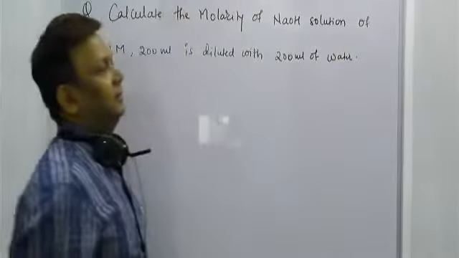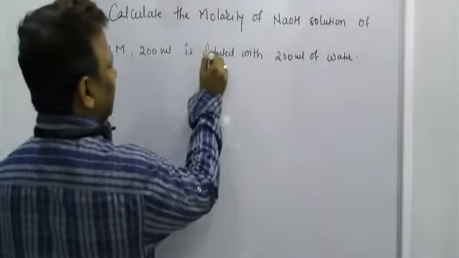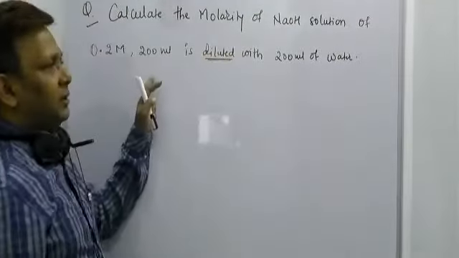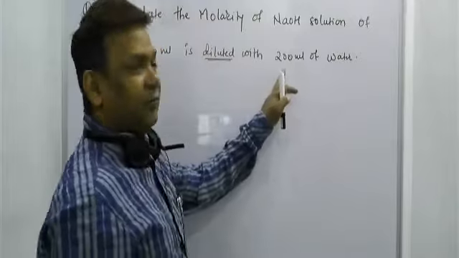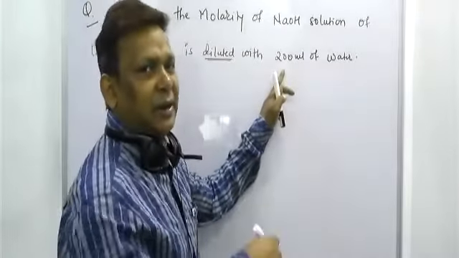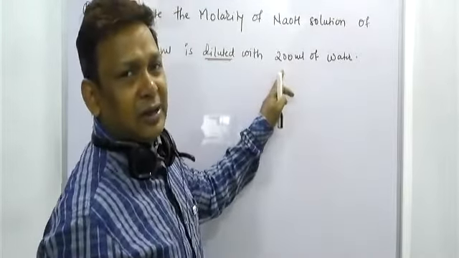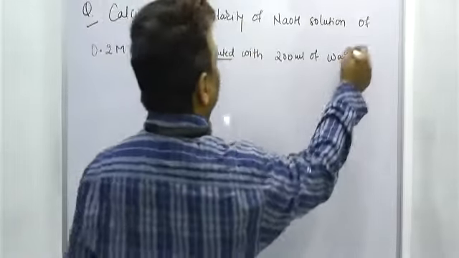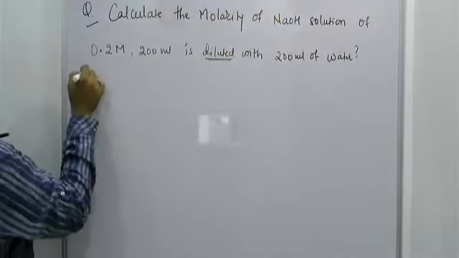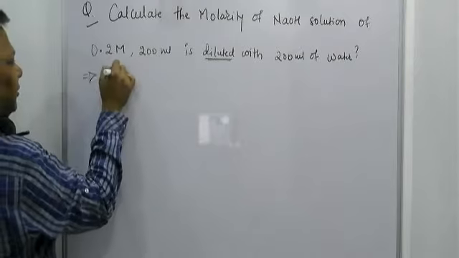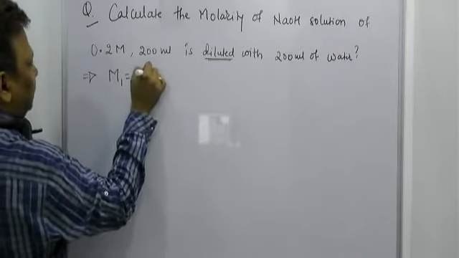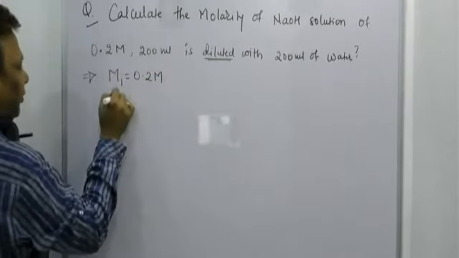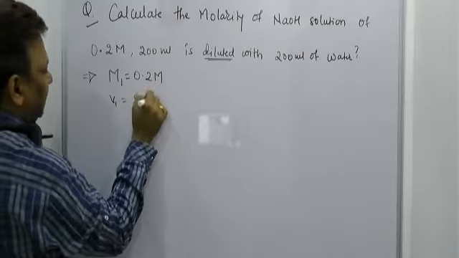So, beta, obviously the initial concentration is given, and they have told us how many ml of water was added over it. We know addition of water is nothing but the dilution law. They are asking for the new concentration of NaOH. So make the data, beta. Initial concentration is 0.2 molar. Volume is 200 ml.